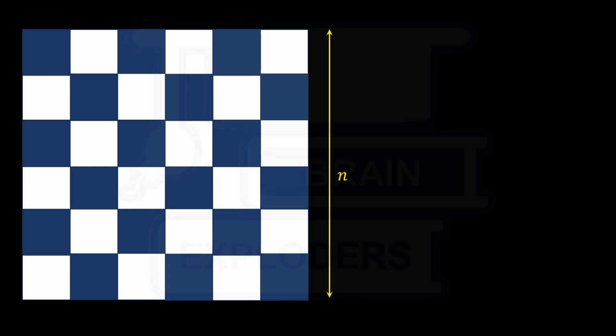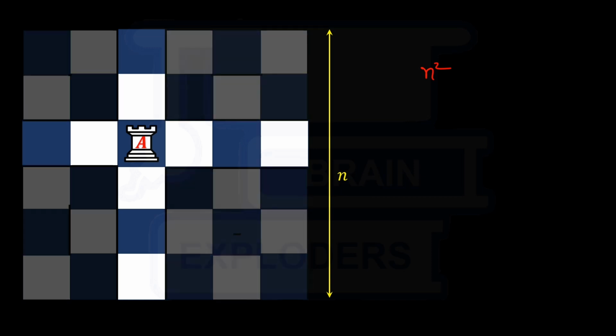So if we have a chessboard of n cross n, then there are n squared blocks on which a rook can be placed. Now suppose the rook which we have placed on the chessboard has the name capital A. Now we can see clearly that this rook is attacking n minus 1 vertical and n minus 1 horizontal blocks, right?